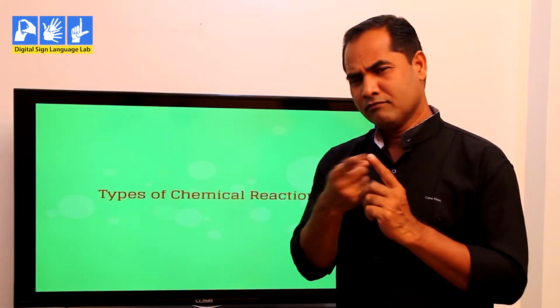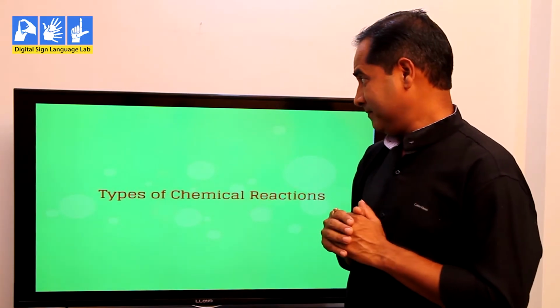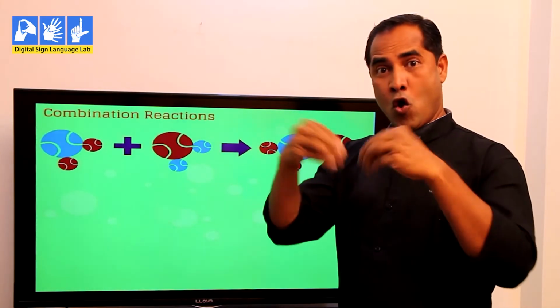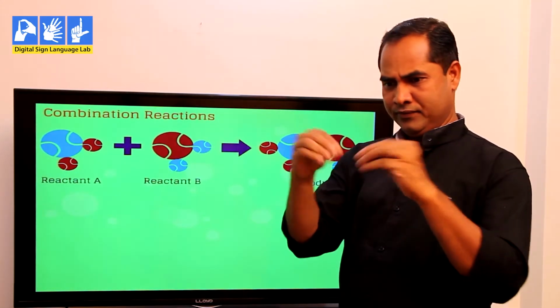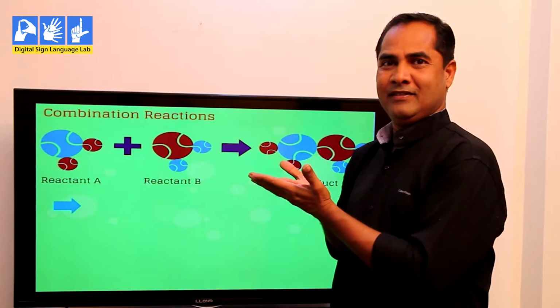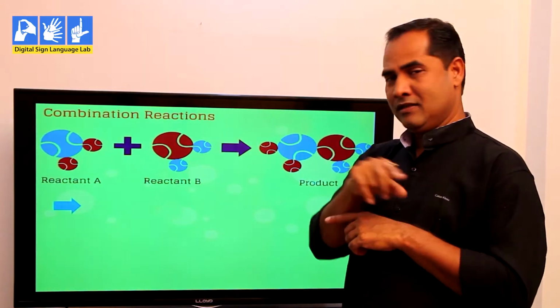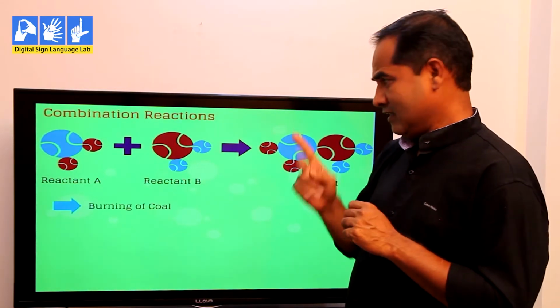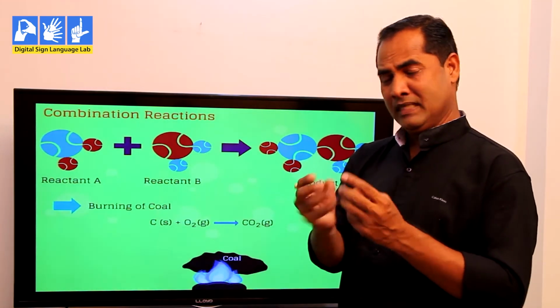Chemical reactions are of different types. I'm going to explain one by one. First, we would learn about combination reaction. When two different chemicals combine and form one product. Let's see an example. I've already told you about burning of coal.